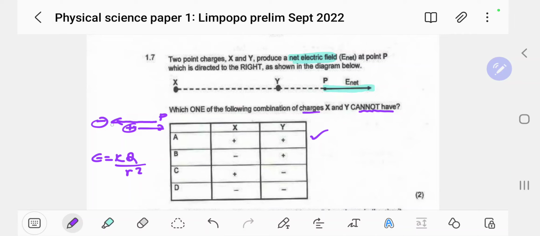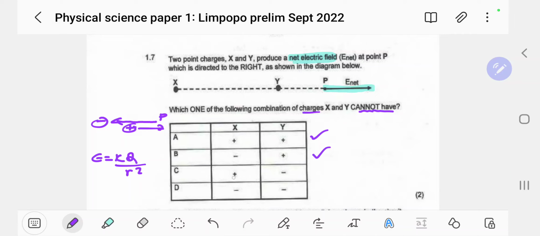So the electric field due to that negative charge over that larger distance, compared to the electric field of a positive charge over a short distance, definitely this one will overpower and force the electric field to be in that direction. So that is possible.